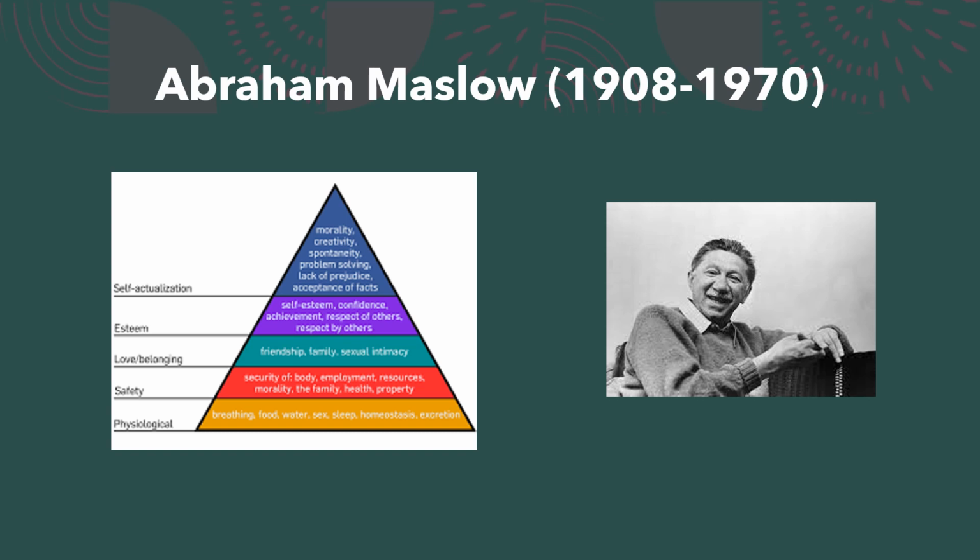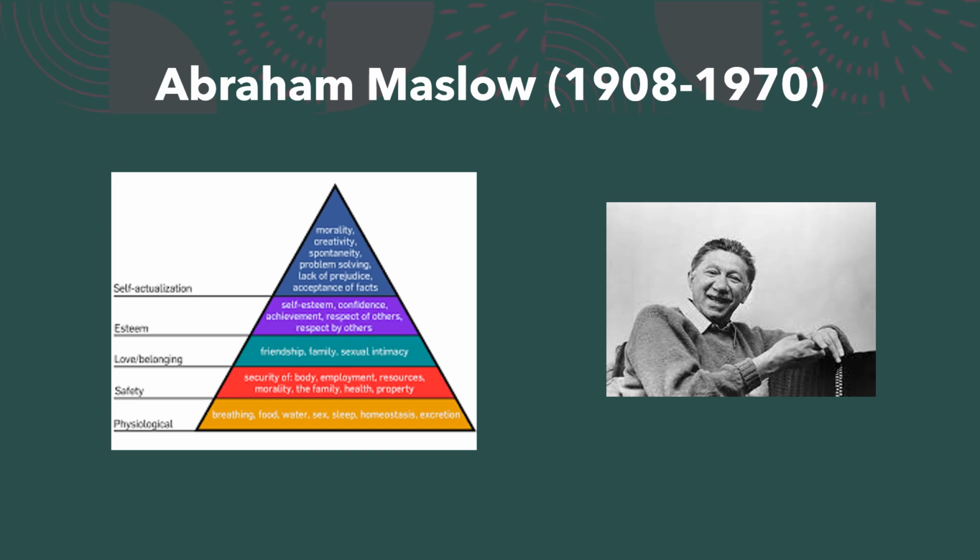So when society is affluent and sophisticated enough to have given individuals the safety, the love, and opportunities for esteem, opportunities to be respected by others, opportunities for achievement, that makes possible self-actualization.